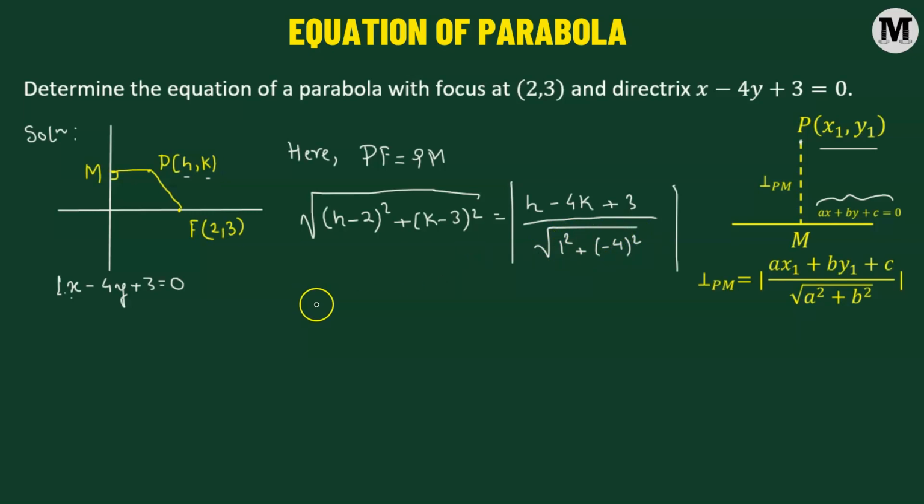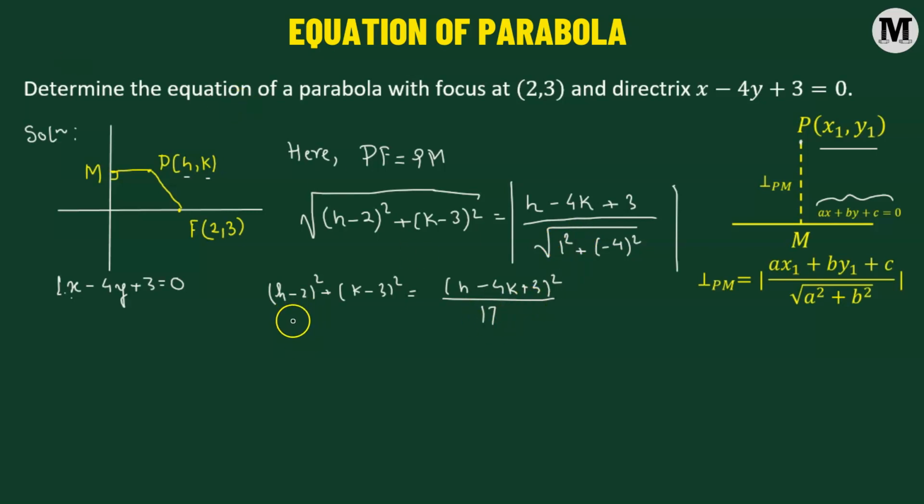Next, we're going to square both sides. Squaring gives (h minus 2) whole squared plus (k minus 3) whole squared equals (h minus 4k plus 3) whole squared. In the denominator, the square root of 1 squared plus negative 4 squared is the square root of 17, so squaring gives us 17.